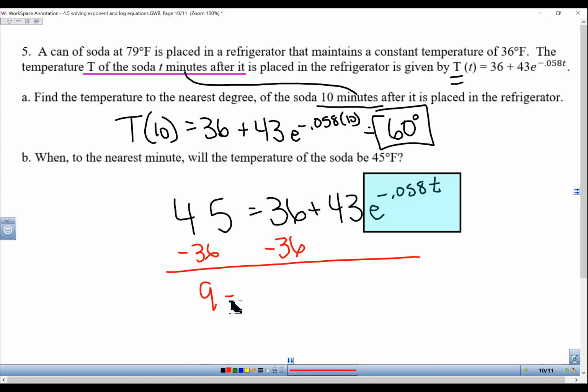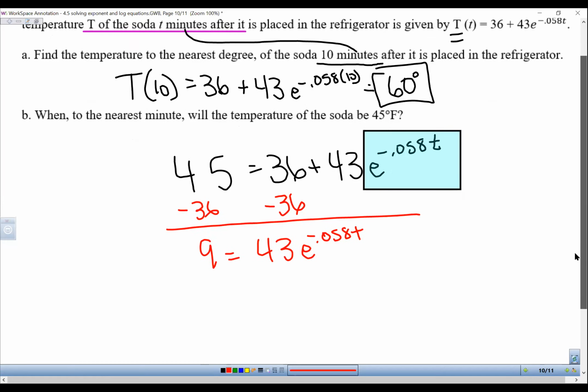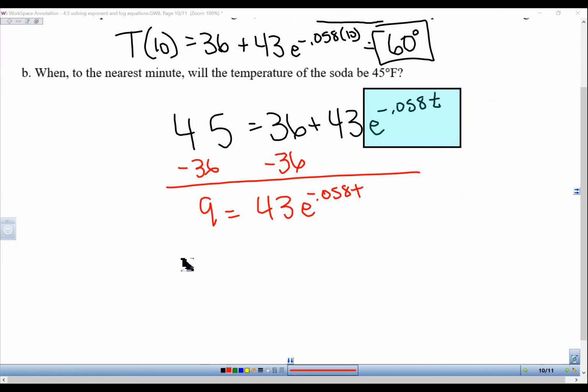So I get 9 equals 43 times e to the negative 0.058 t. And then we're going to divide by 43. So 9 over 43 is equal to e to the negative 0.058 t. So we got the exponent part by itself.